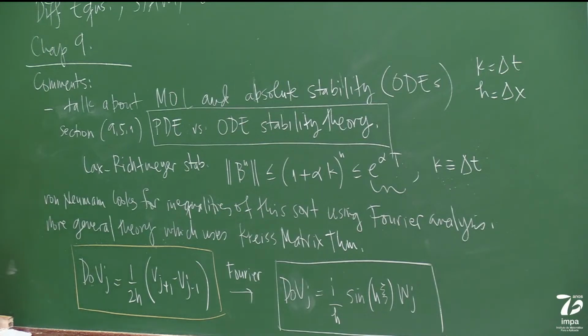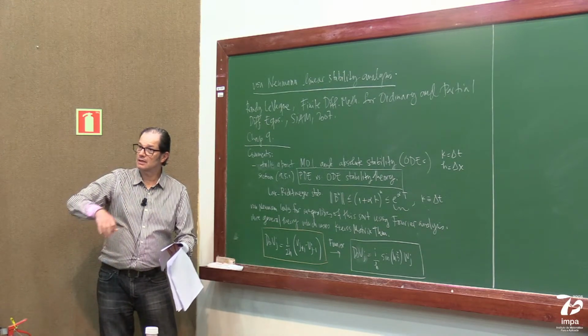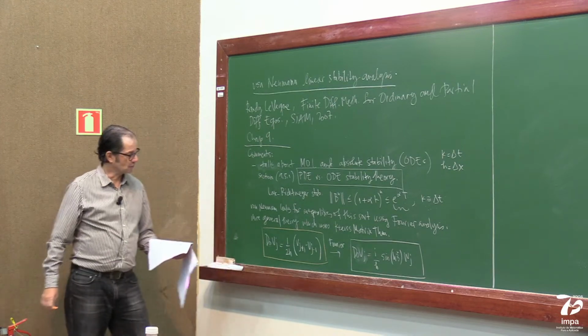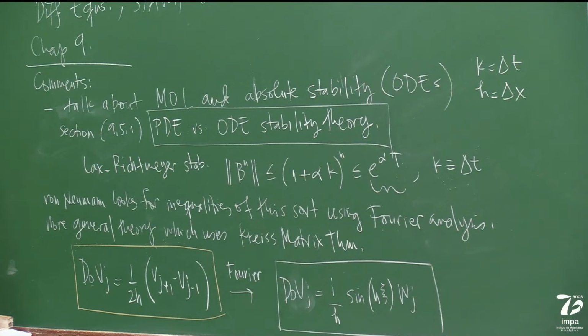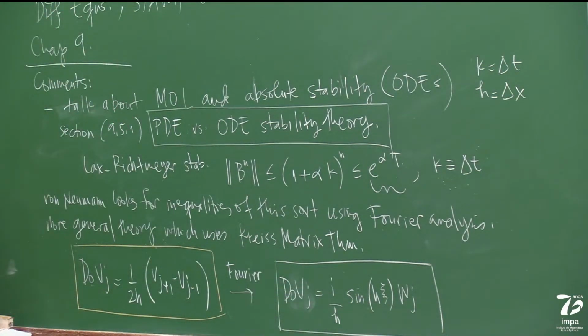If I write this as a matrix for all the points on the grid, this is a banded matrix. It's actually 0 on the diagonal for this case, with constants around it. So it's a Toeplitz matrix.